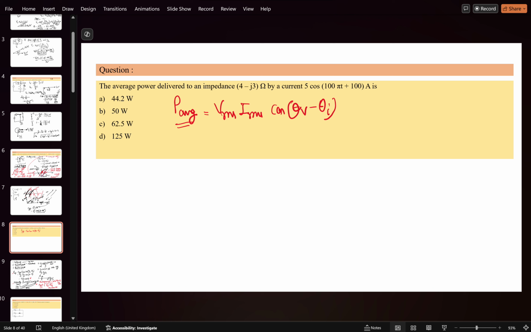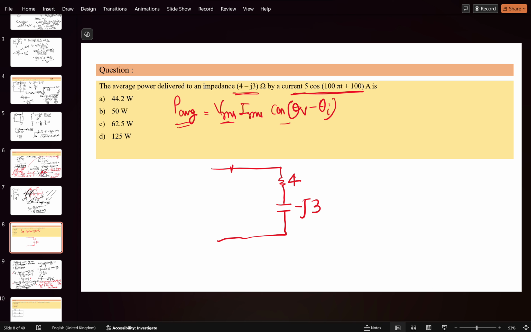But here, if you can see, current is given, impedance is given, but the voltage is not given. Let's draw the circuit. Suppose this is the R and this is the minus J3, so it looks like a capacitor, and some current is coming like this. The power loss across the resistor is the real power.